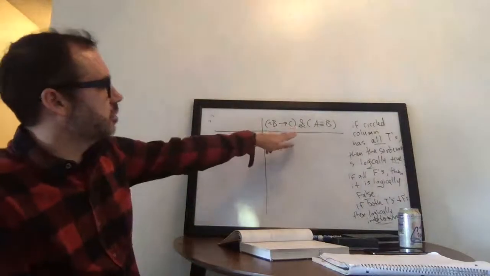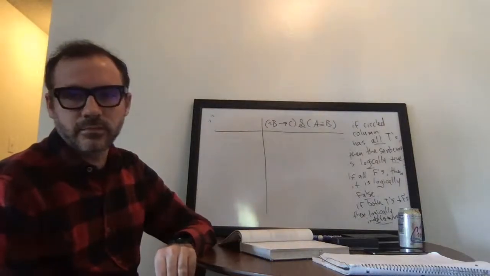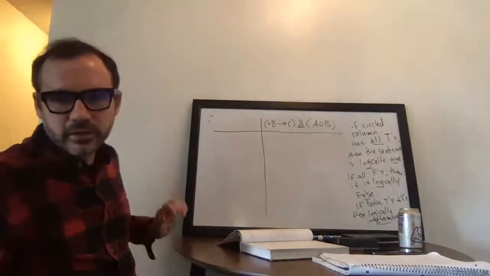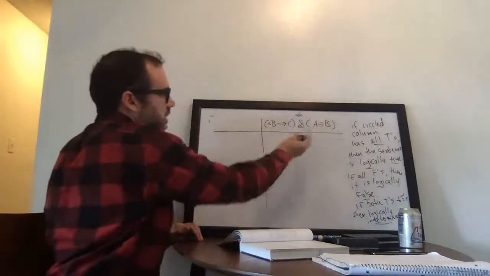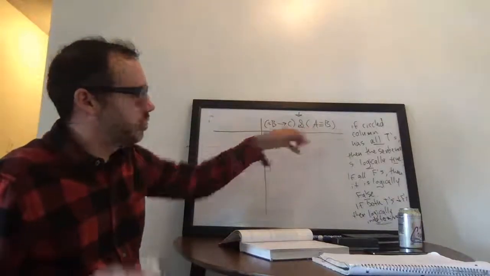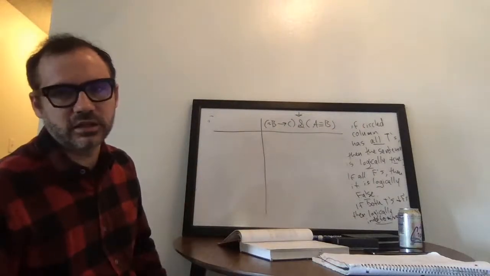Tell me first to start, what's the main connective here of the formula written there? The main connective, the one that I will draw an arrow pointing down above. It's the and sign. That's right, Lily. Because the other connectives are grouped within parentheses. And this is the thing that joins the two parenthetical expressions. So it's the thing that would be analyzed last, and thus it's the main connective.